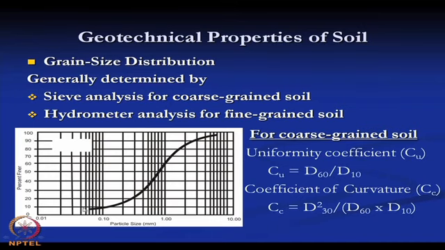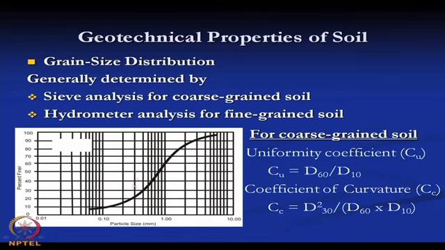So, from this graph we can determine two coefficients for coarse grain soil. One is the uniformity coefficient Cu, another is the coefficient of curvature Cc. Cu is basically D60 by D10, where D60 denotes the particle size corresponding to 60% fineness, and similarly D10 is the particle size corresponding to 10% fineness.